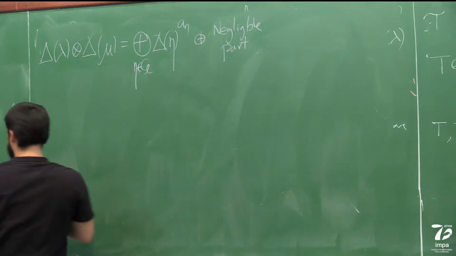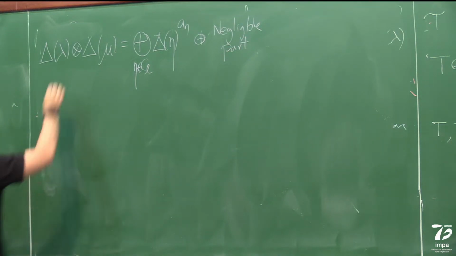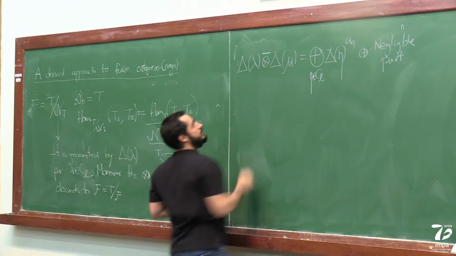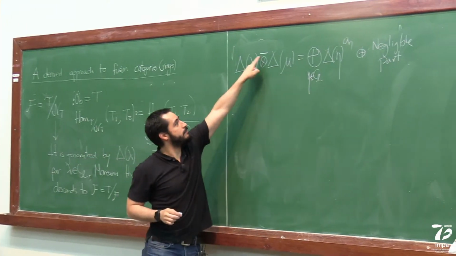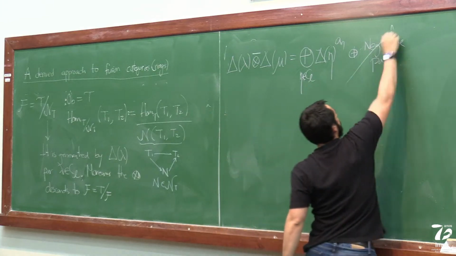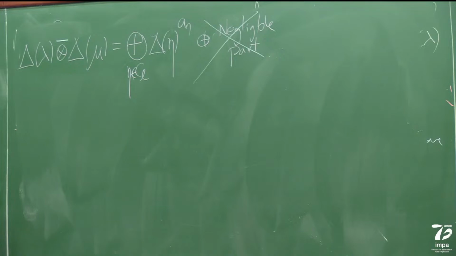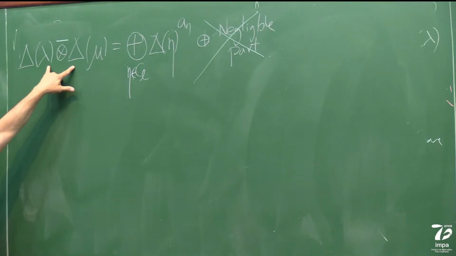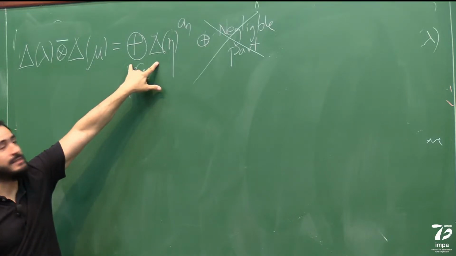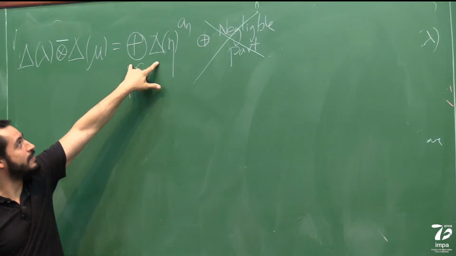What I'm doing in this category now, when I take the quotient, is to consider a new tensor product, which is called the reduced tensor product. Then I put the bar, and what I'm doing is just to erase this. So now my tensor product of those two objects in the principal alcove becomes semi-simple, and this is what I want to do.